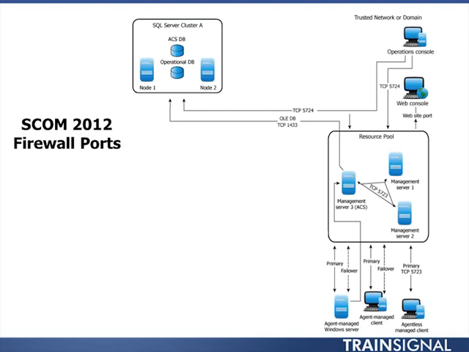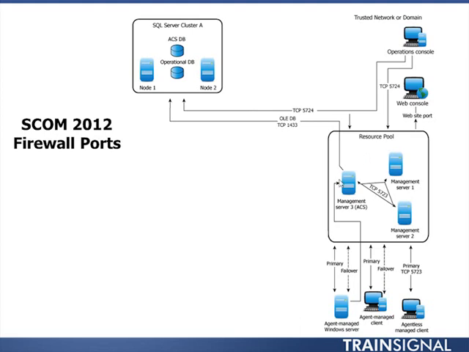The information you see on your screen right now is pretty basic infrastructure for the Operations Manager environment. And you can see that there are different communications ports that are open to and from different systems in this environment. For example, you can see that the management servers need to be able to use port 1433 to talk to the SQL Server cluster.